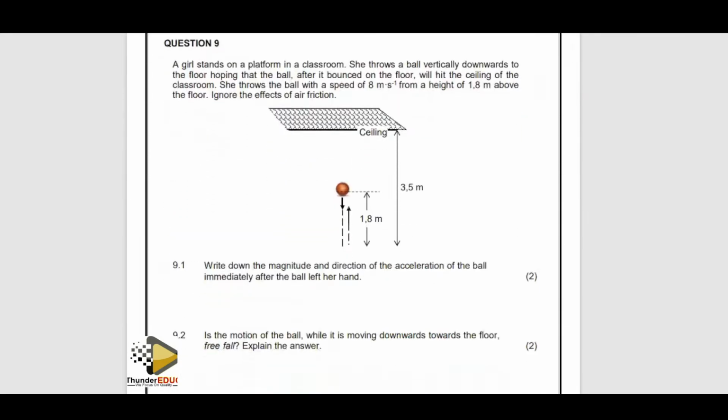Okay, question 9. They're telling us there's a girl that stands on a platform in a classroom. She throws a ball vertically downwards to the floor, hoping that the ball, after it bounces from the floor, will hit the ceiling.